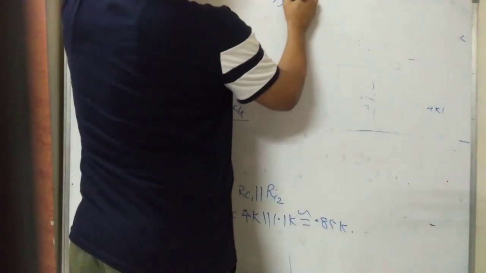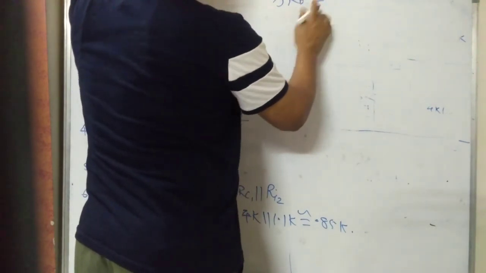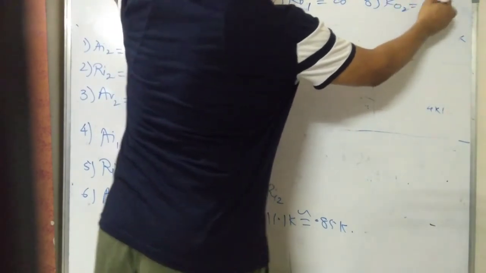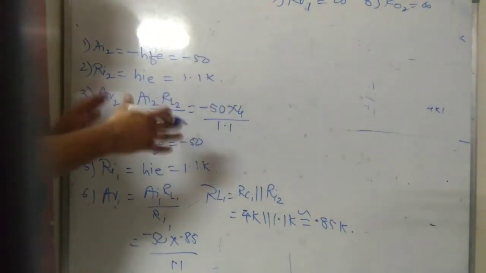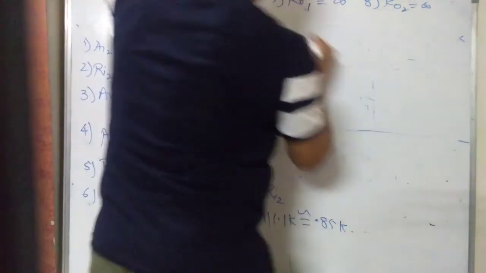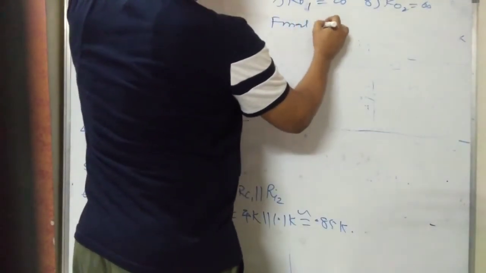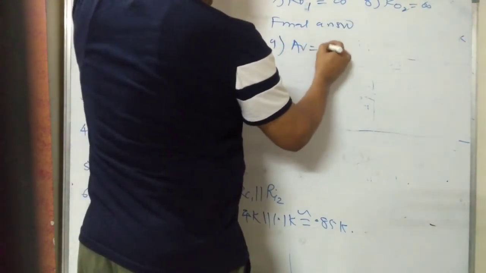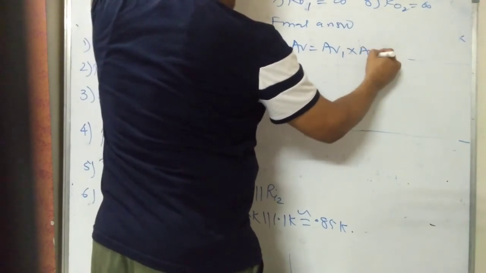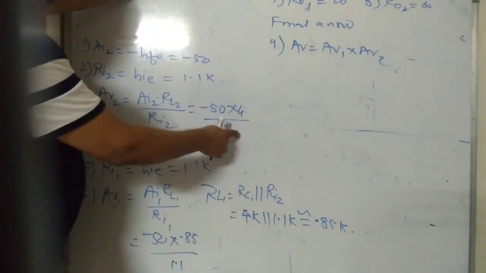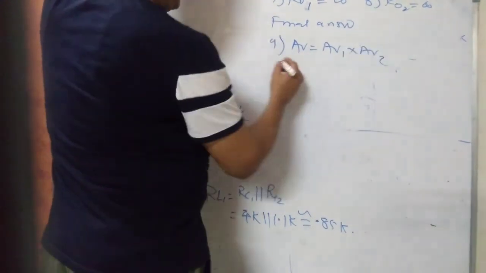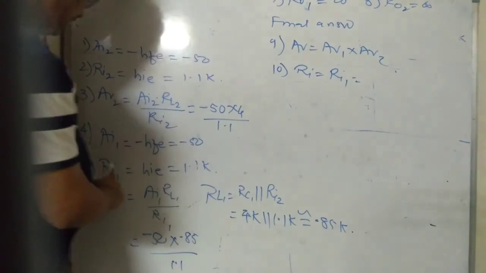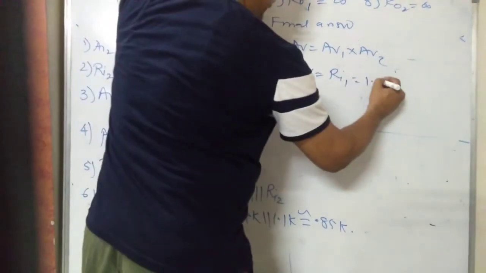Then 7, RO1 is equal to infinity. 8, RO2 is equal to RC2. So first and second stage is solved. Now final answers. Number 9, AV is equal to AV1 into AV2. This is AV2, this is AV1, put the values here. 10, RI is equal to RI1, which is 1.1.